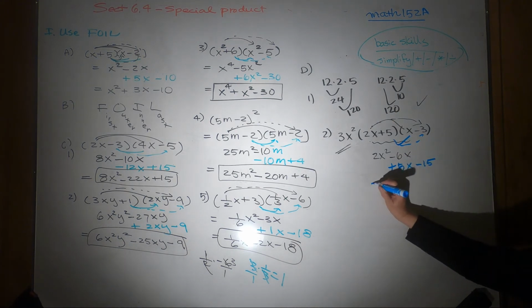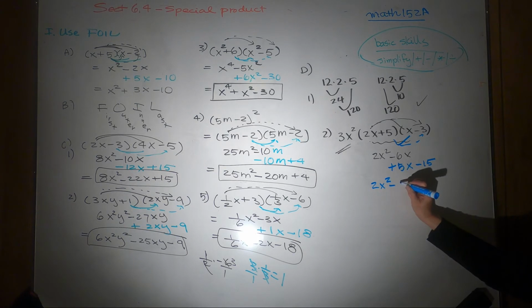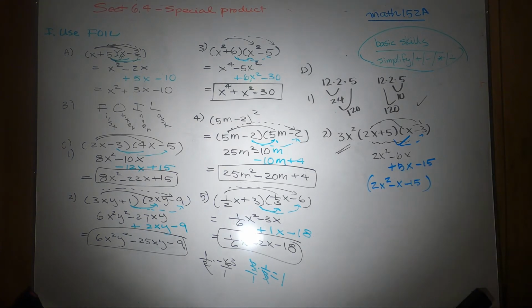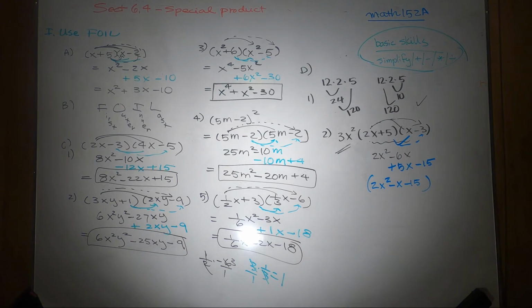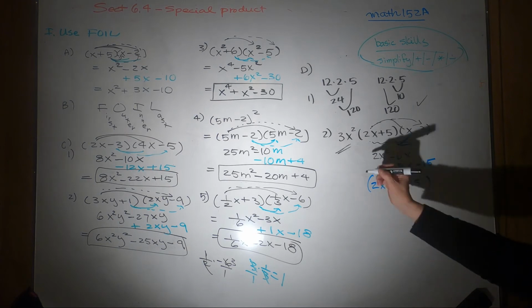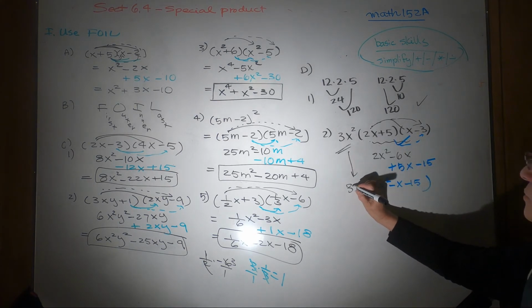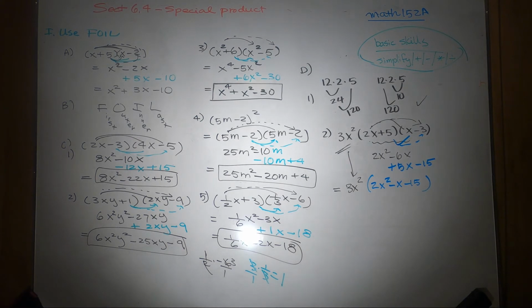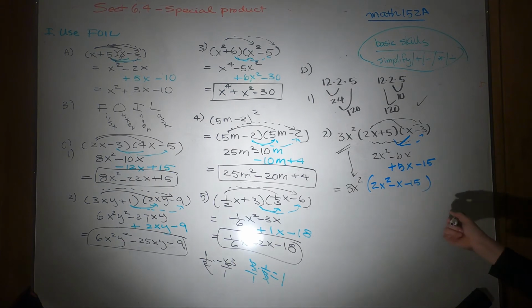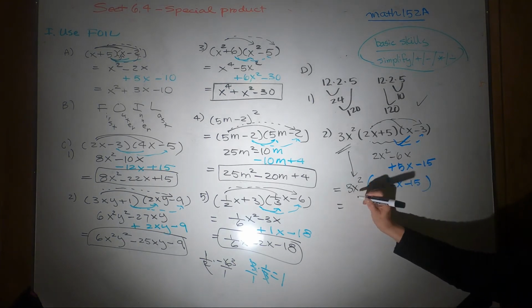We will have 2x squared minus x minus 15, right? Because you can see all those coefficients are smaller, then when you multiply them, it's easier to handle. Then you put the monomial in front and multiply them, it will be much easier because 1 term times a simple one is direct. It's more direct.